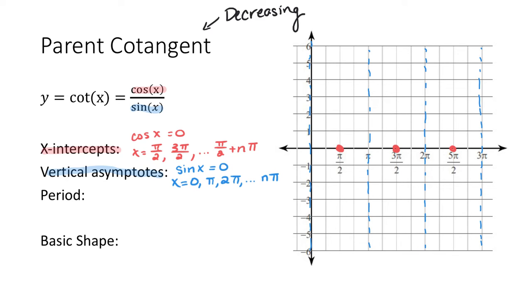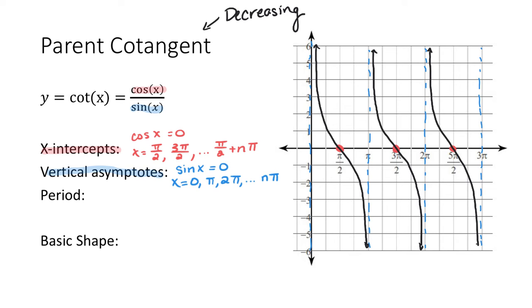The way that cotangent works is I'm starting with a vertical asymptote and I'm going to decrease to my x-intercept and then approach my next vertical asymptote. I'm going to do that between every set of vertical asymptotes. I have a decreasing section, and it just repeats over and over again.